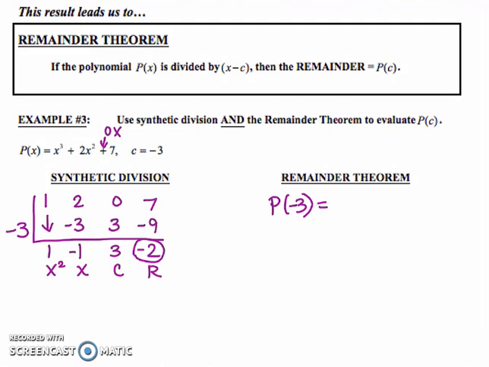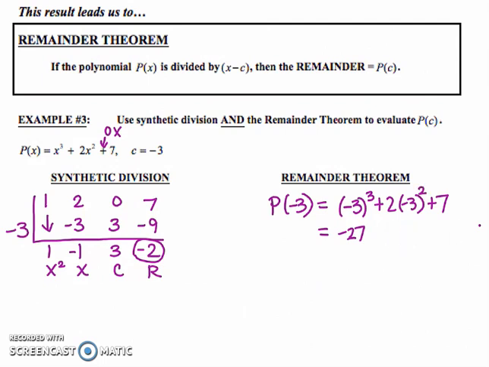Let's see what happens. P of negative 3 is going to be equal to negative 3 cubed plus 2 times negative 3 plus 7. Negative 3 cubed is going to be negative 27. Oops, I have an error here. My apologies. This is 2 times negative 3 squared.